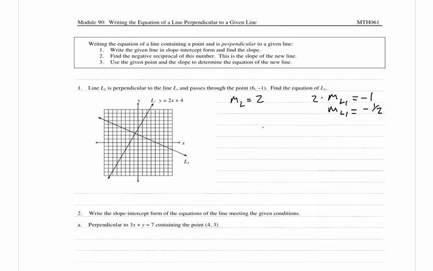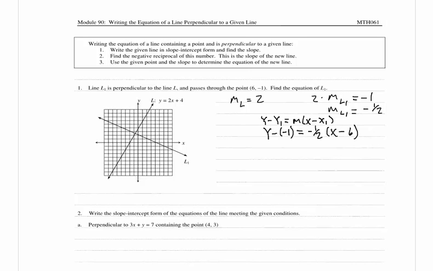And now we're going to use point-slope form to find the equation of the line. So we have y minus y1 is equal to m times x minus x1. And now we have y minus -1 is equal to m, which is -1/2, times x minus x1, which is 6.